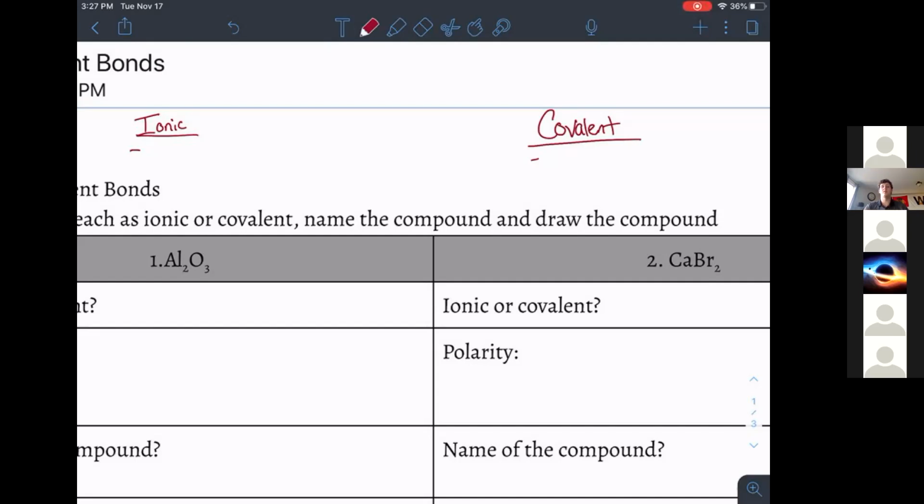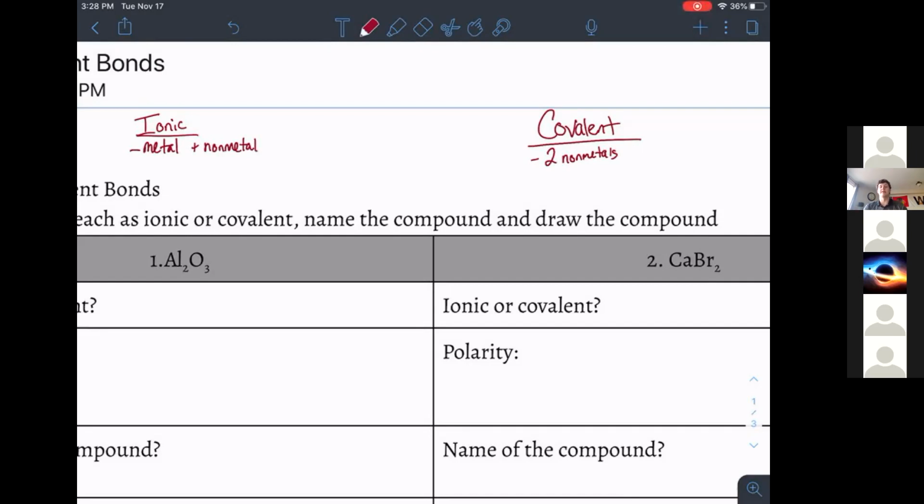What's one thing we know about ionic or one thing we know about covalent bonds? Covalent is nonmetal with nonmetal, and ionic is metal with nonmetal. Perfect. Covalent's 2 nonmetals. Ionic is a nonmetal and a metal.